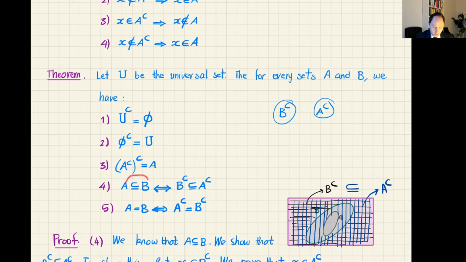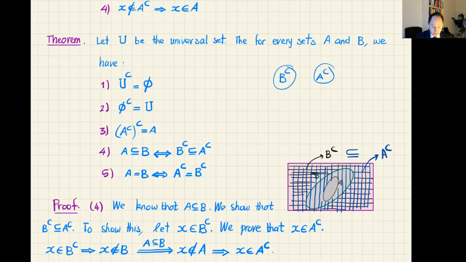I need to also interchange the places where the sets appear in this relation. So you see that A is a subset of B, then I wrote B's complement is a subset of A complement. This also was shown by this Venn diagram. We also had the complete proof here.